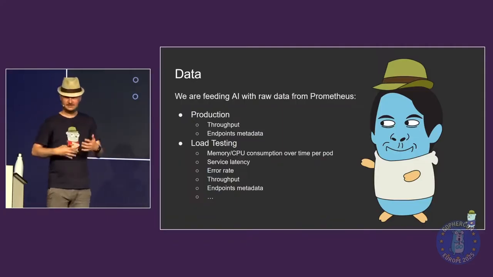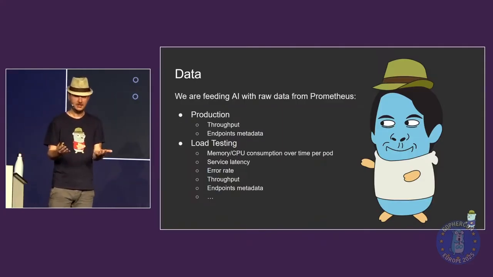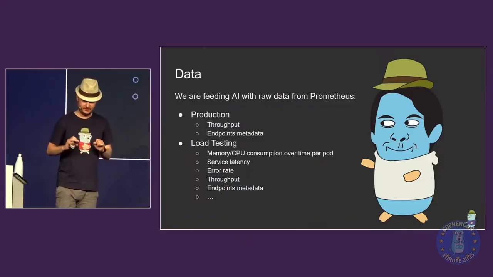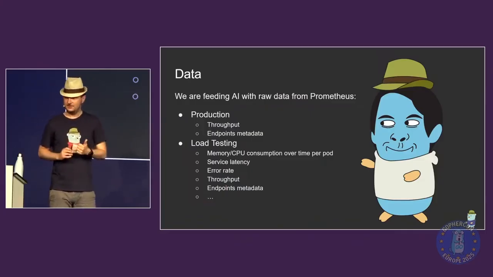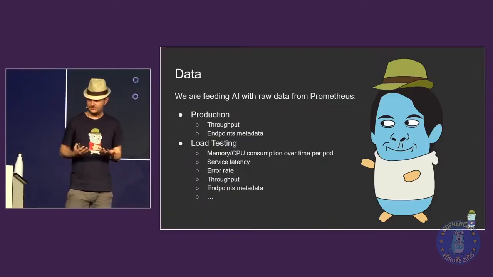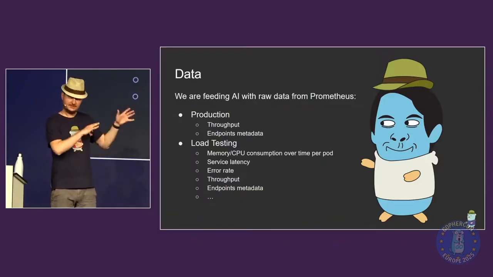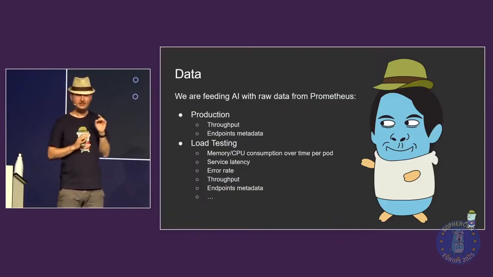So we want to test different endpoints, so we need the input from production on which endpoints are actually being used. In our case, as I already mentioned, we operate in around 70 countries, and these countries have different features enabled, different features implemented, so the same service may have very different access patterns.